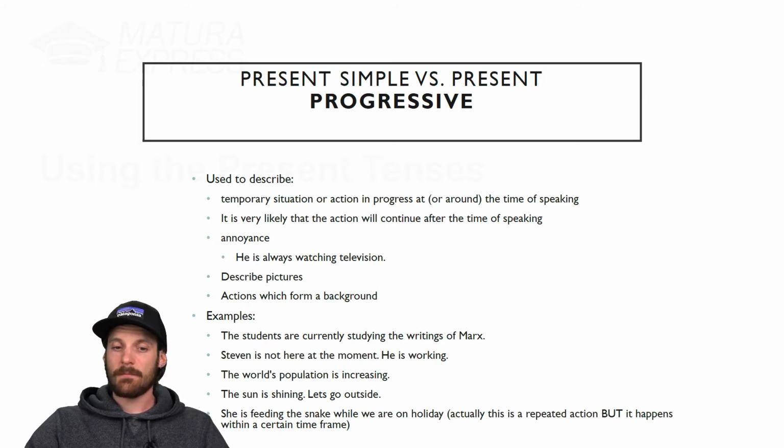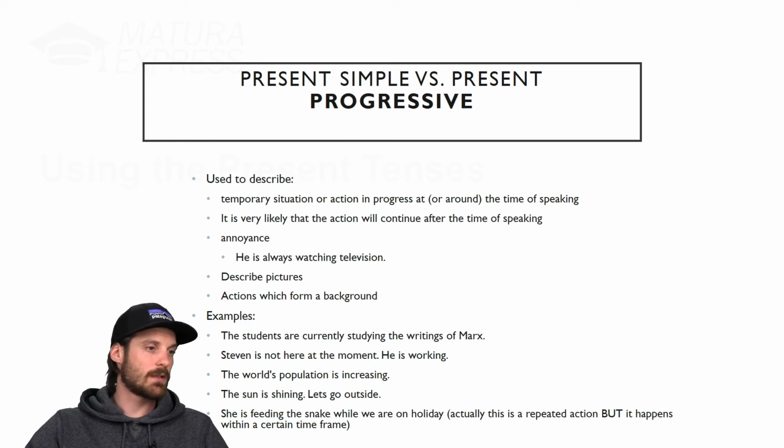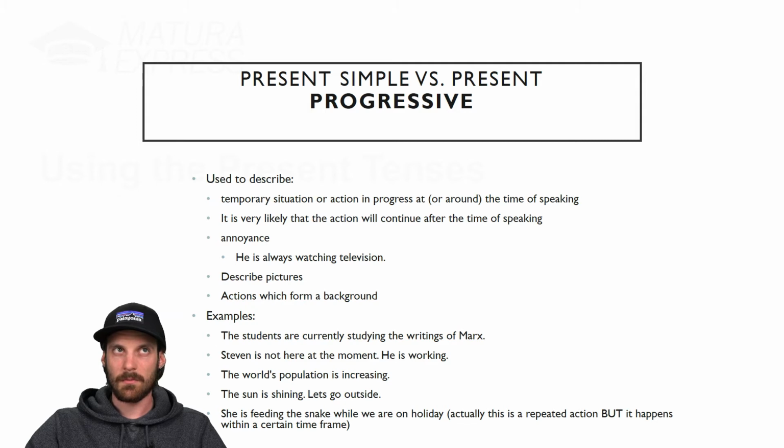The sun is shining. Let's go outside. So the sun is shining right now, and you want to go outside. Really easy, I guess. She's feeding the snake while we're on holiday. Yes, that's a special case. Actually, if you already listened to my examples, you'd know that although feeding the snake can be a repeated action, in this case, you have to have a look at the second part of the sentence, while we're on holiday.